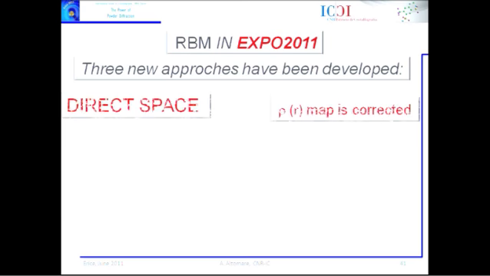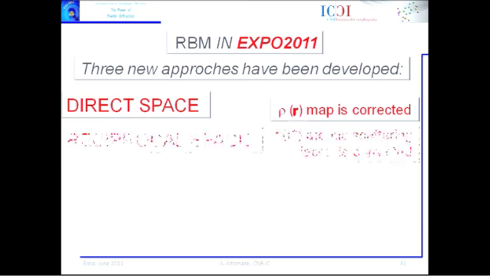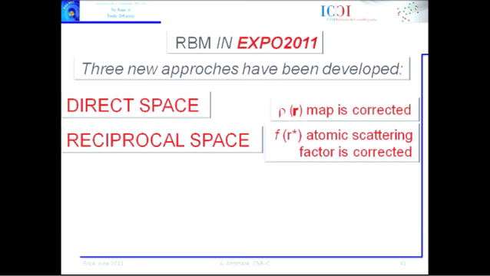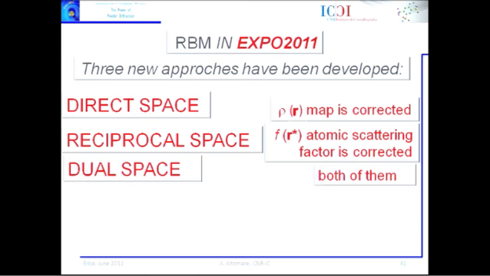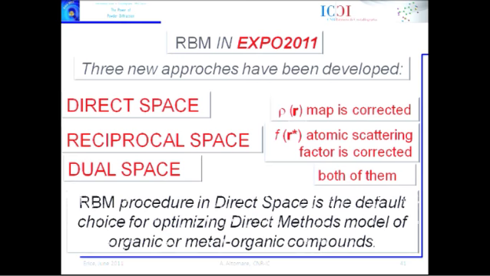The first approach works in direct space by directly correcting the electron density map. The second approach works in the reciprocal space and corrects directly the atomic scattering factor. And the third procedure combines both. The resolution bias correction procedure working in direct space is the default choice for optimizing the direct methods model in the case of organic and metal-organic compounds.